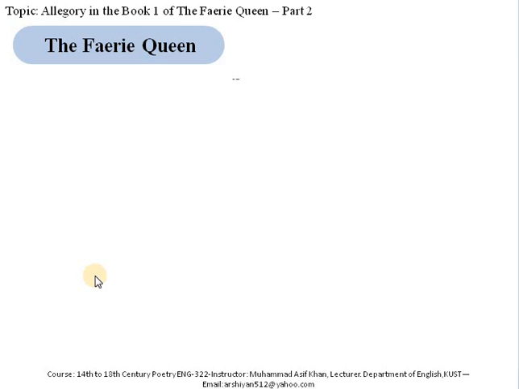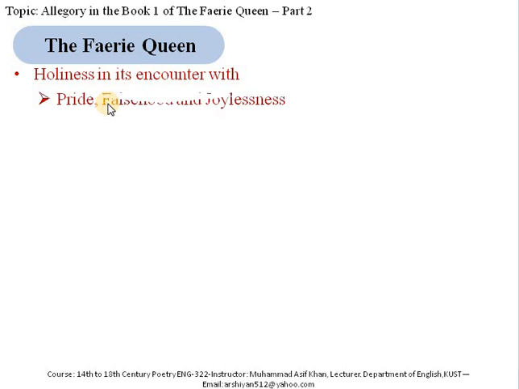So holiness may try to fly away from the falsehood, but falsehood would never leave it easily. It must pursue holiness to bring it to complete ruin. We see that holiness, in its encounter with pride, falsehood and joylessness, cannot escape the pollution of sins.